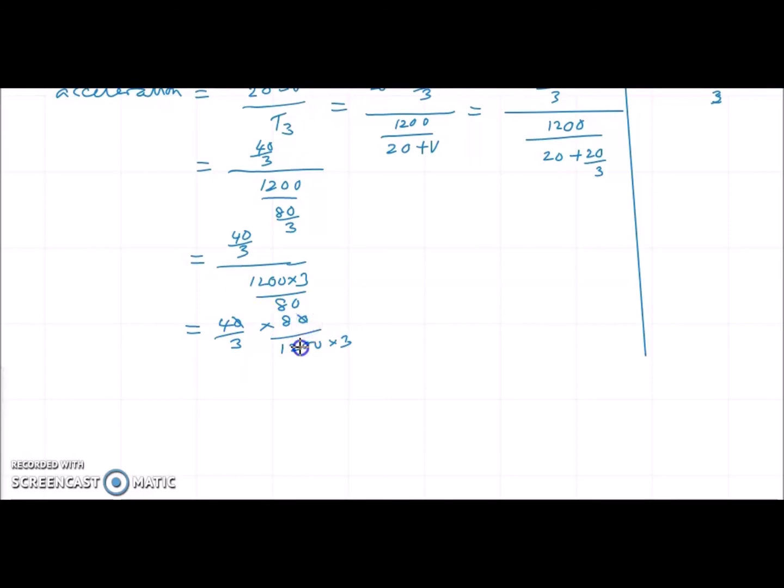We get 4 into 8 and cancel with this 3. Then we get 8 by 27. ms minus 2, that is the unit.